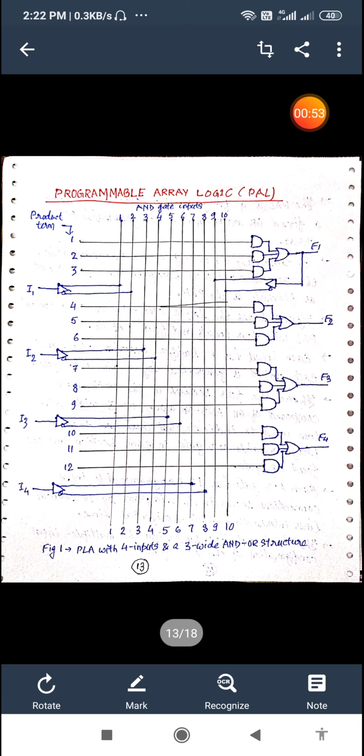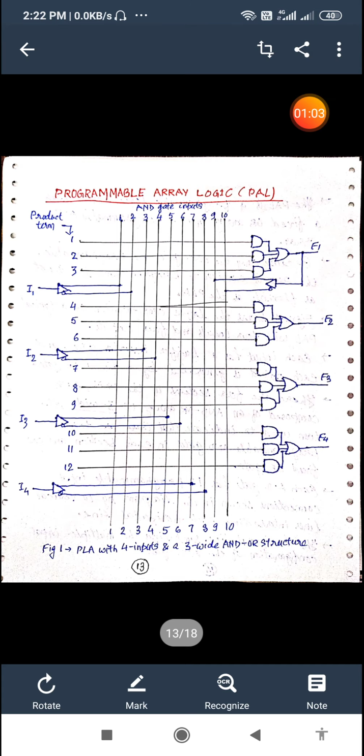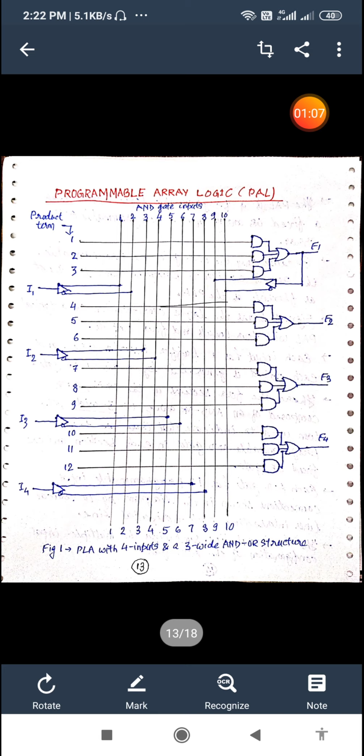So basically we will see here 12 AND gates connected to 4 OR gates. There are 10 inputs. Again, a buffer inverter combination is there. So PLA with 4 inputs and 3 wide AND OR structure is shown in the figure.